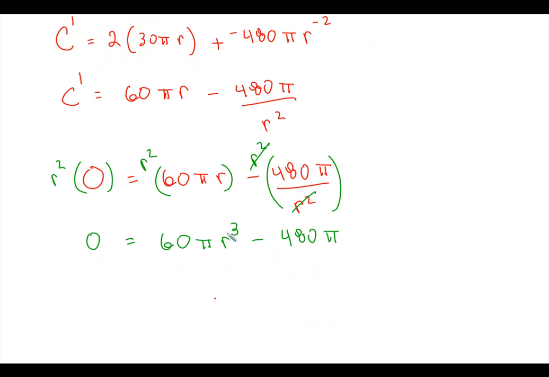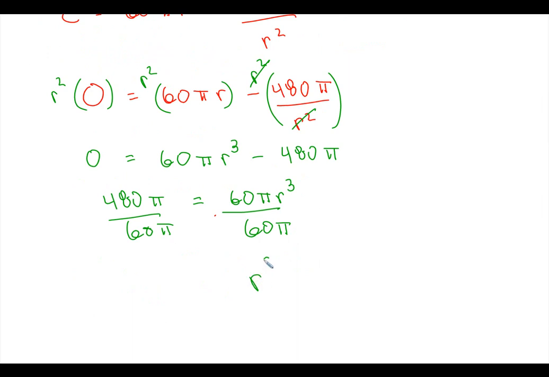Now I need to solve for r, so I add 480 pi to the other side: 480 pi equals 60 pi r cubed. Dividing by 60 pi, I end up with r cubed equals 8, so r equals 2.